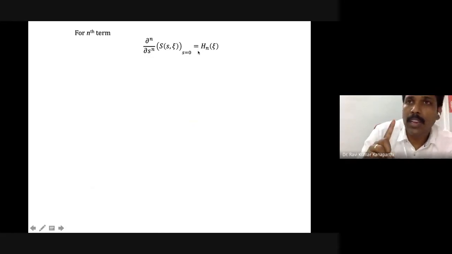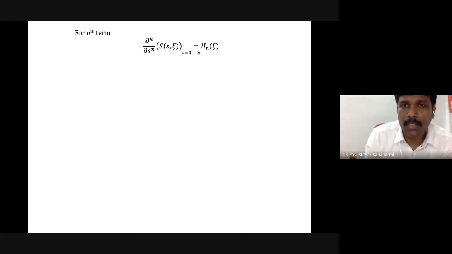One time, h1 of z. Two times, h2 of z. Three times, h3 of z. So if I do n times differentiation and then substitute s equal to 0, I am going to get hn of z. This is for sure.